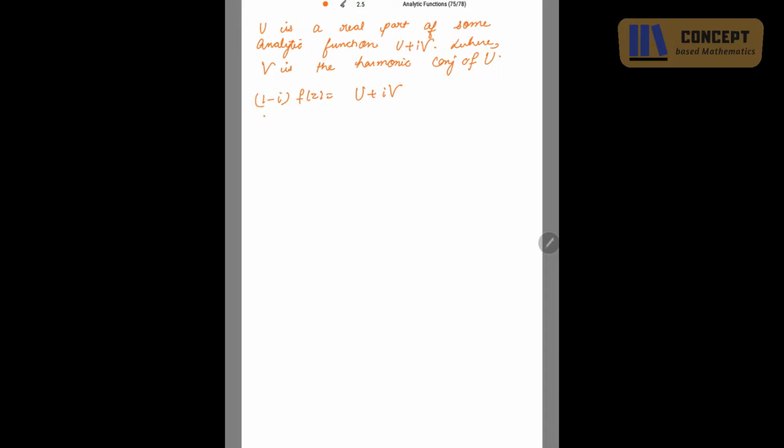So if I check this f dash z, this is equal to del U over del x plus iota del V over del x, just as we had f dash z earlier. Now here, because I'm having U, I have to change the second term, that is minus iota, in U, del U over del y. So now putting the values, what is del U over del x?